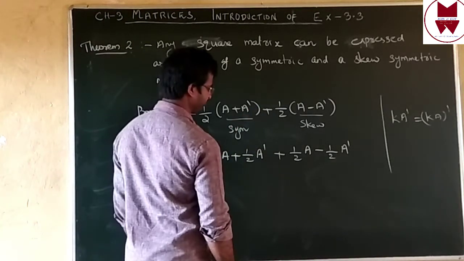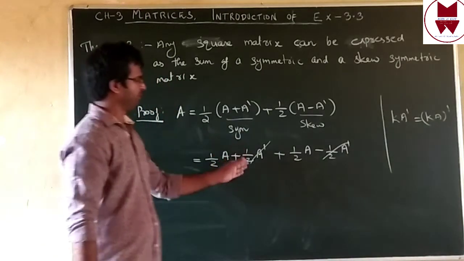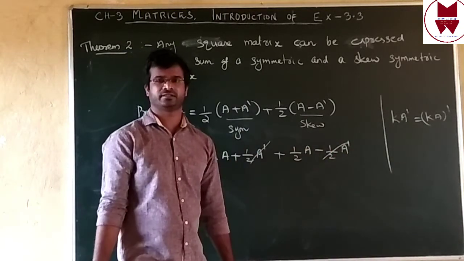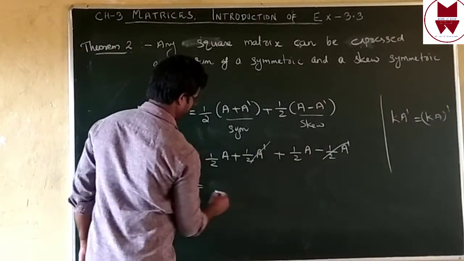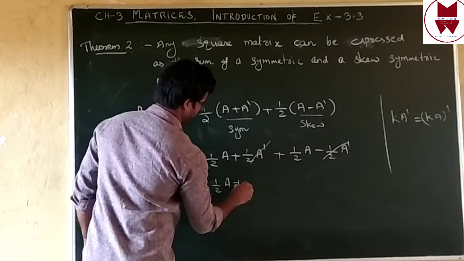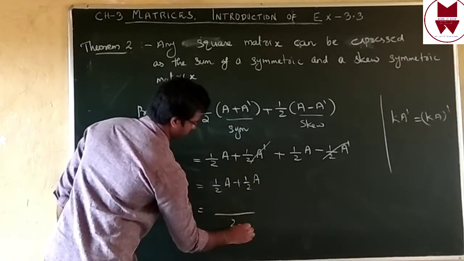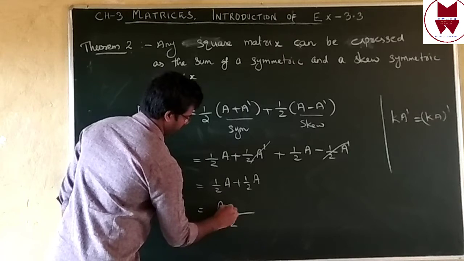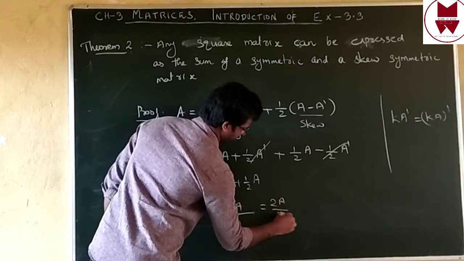Then here, 1 by 2 A dash minus 1 by 2 A dash will be 0. Then remaining is 1 by 2 A plus 1 by 2 A. The LCM is 2. Then A plus A, 2A divided by 2. Got it?